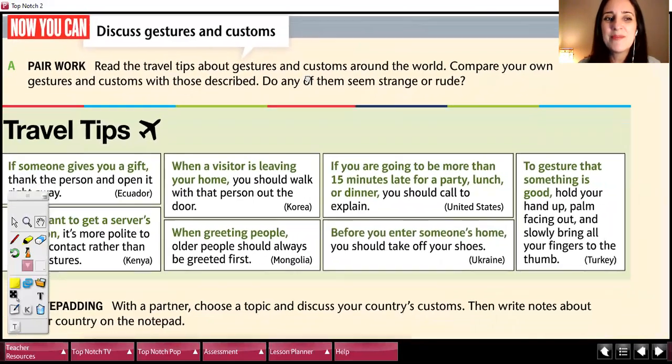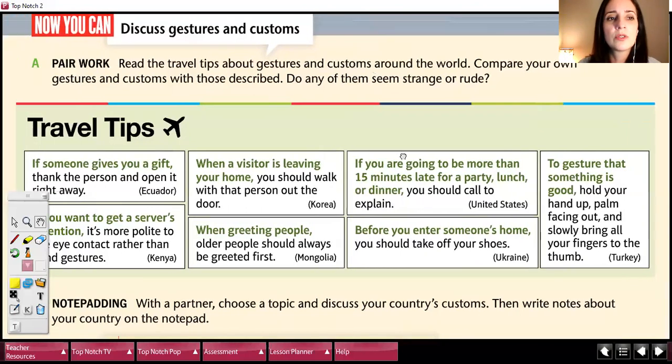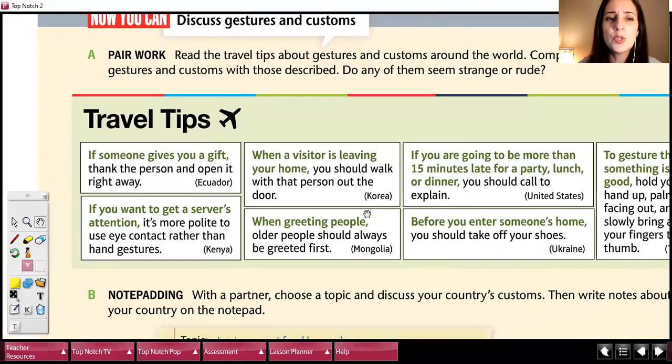Let's see some travel tips. So here we are going to read the travel tips about gestures and customs around the world. Let's compare your own gestures and customs with those described. So do any of them seem strange or rude? Let's analyze. So travel tips. If someone gives you a gift, thank the person and open it right away.